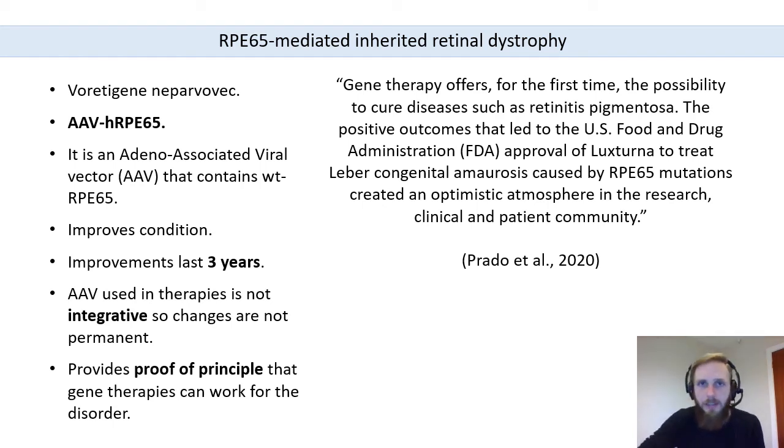It's a long process to get to that point, but that's the fundamental, and it enables this gene of interest to be expressed in the target cells. And again, once RPE65 is expressed, RPE65, the protein, is produced and the pathology is alleviated.